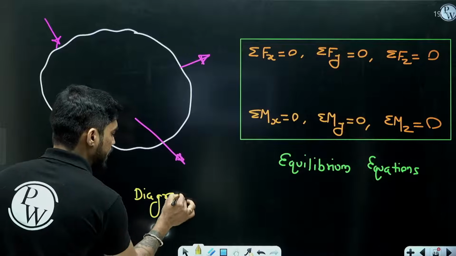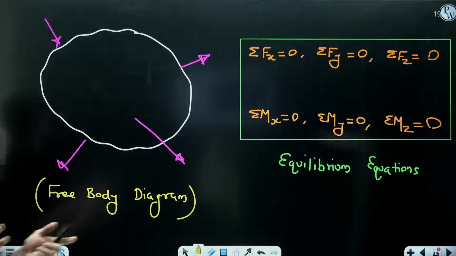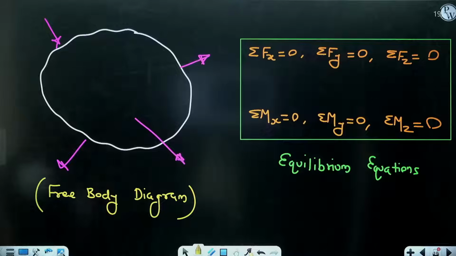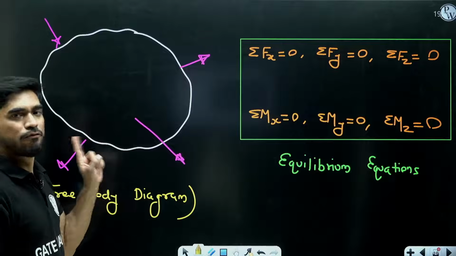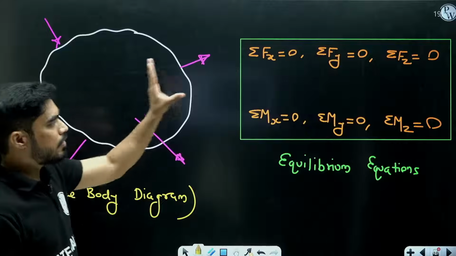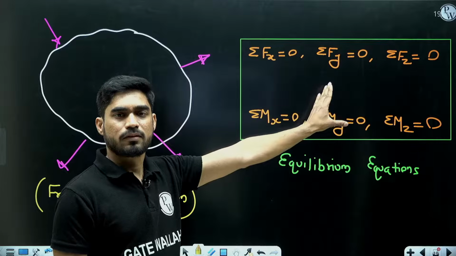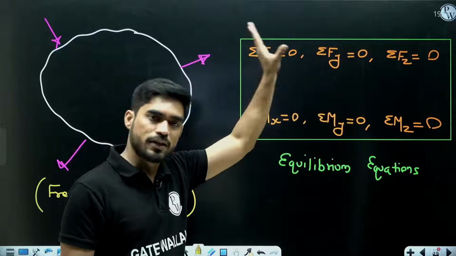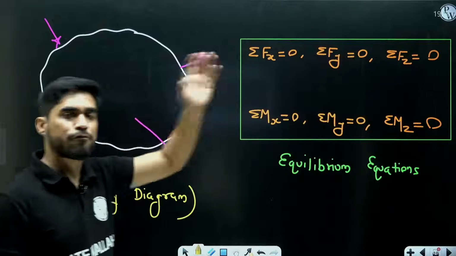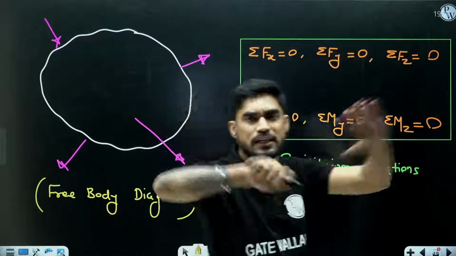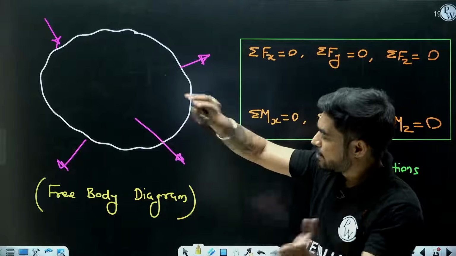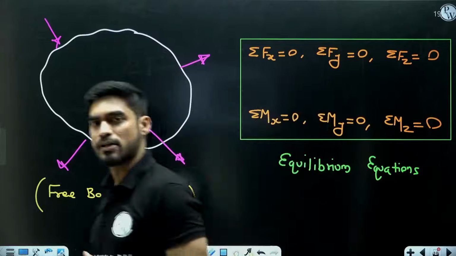Suppose a body is supported by different types of supports. Without removing those supports and without showing all the forces acting on the body, you cannot use these equations. So in order to apply these equations, you have to remove all the supports and isolate the body completely from other bodies, and then only you will be able to apply these equations.